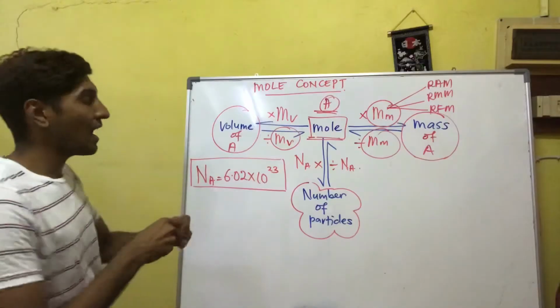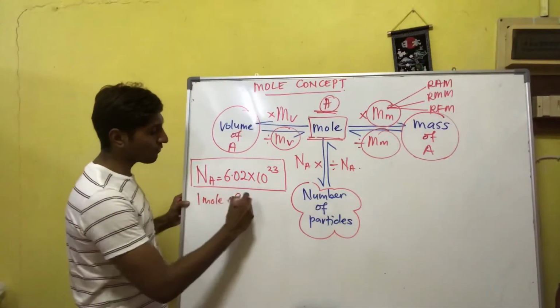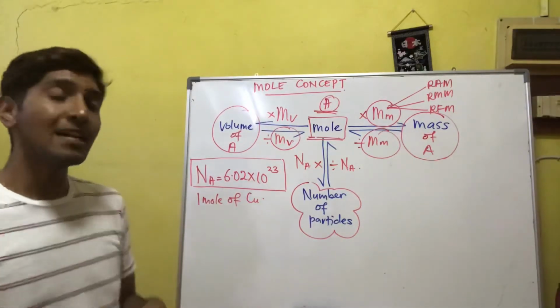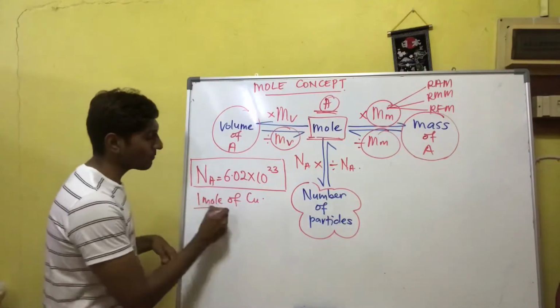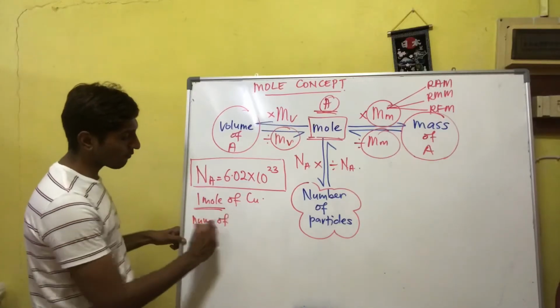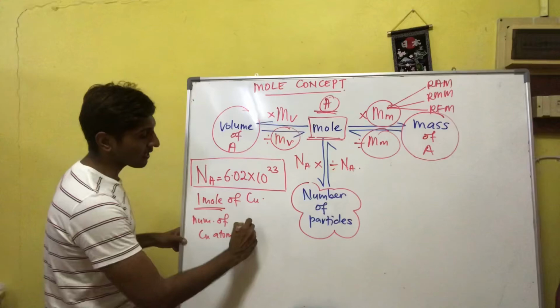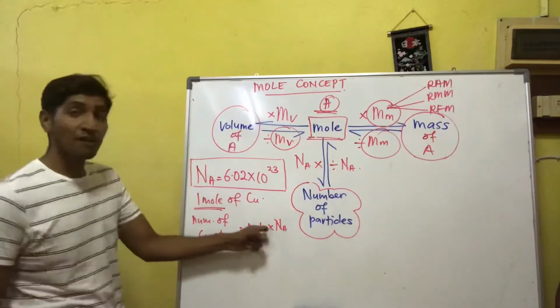So if I have 1 mole of copper, how many copper atoms are in 1 mole of copper? Therefore, to find the number of copper atoms, I would take the mole and multiply it by the Avogadro constant.